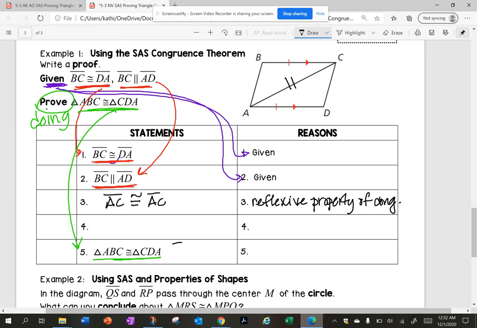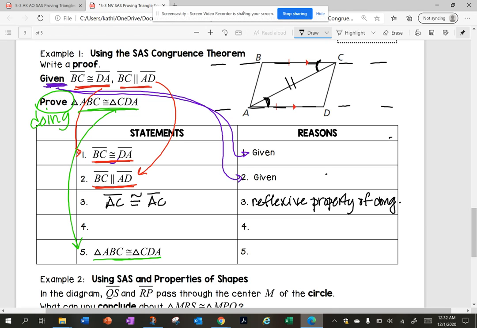And then since I have some parallel lines here, I know this angle is congruent to this angle because when we had parallel lines, my alternate interior angles are congruent.